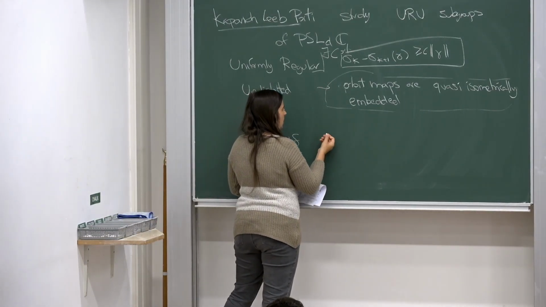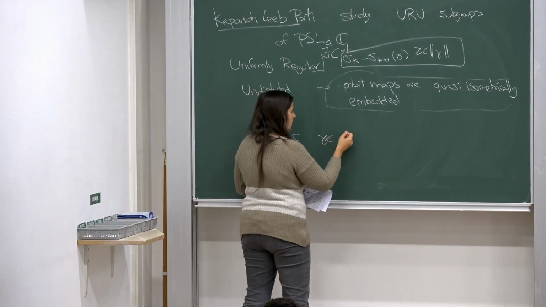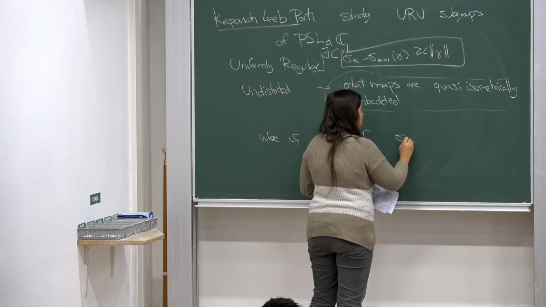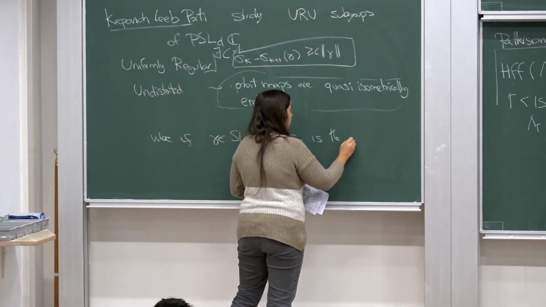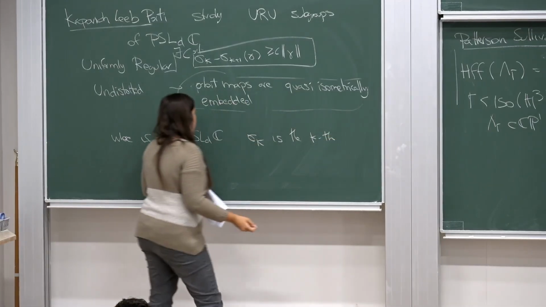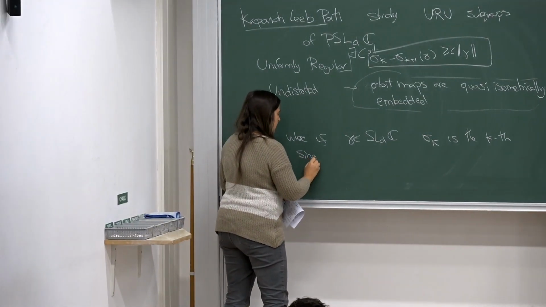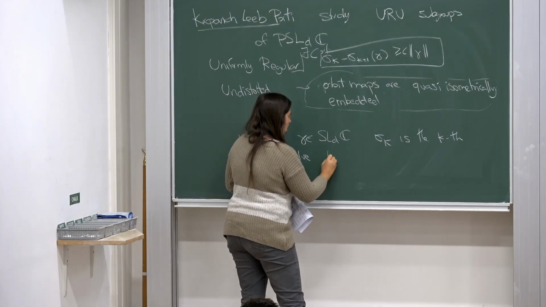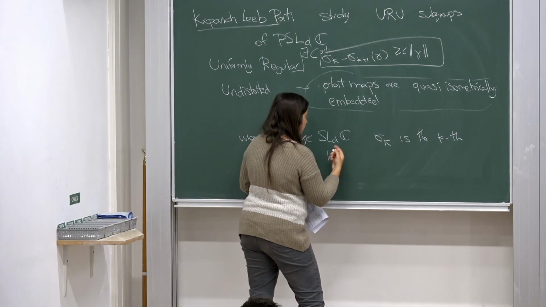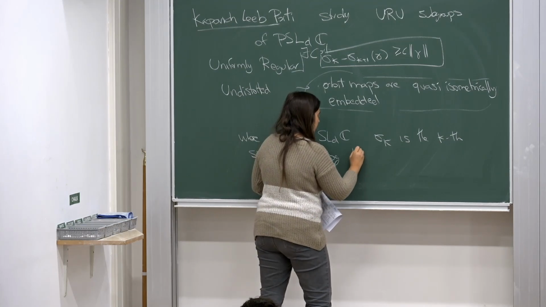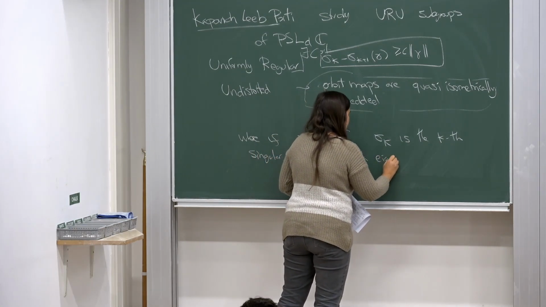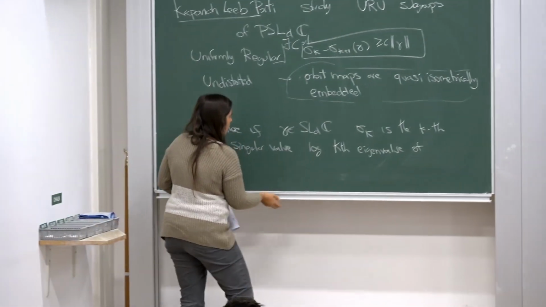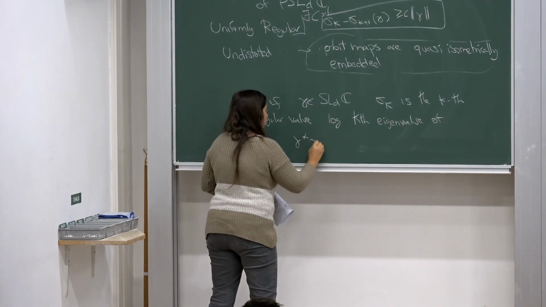If gamma is in SL(d,C), sigma k is the kth singular value, which is the log of the kth eigenvalue of gamma star gamma.